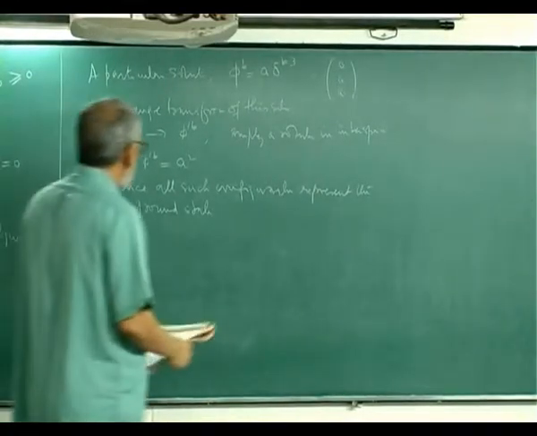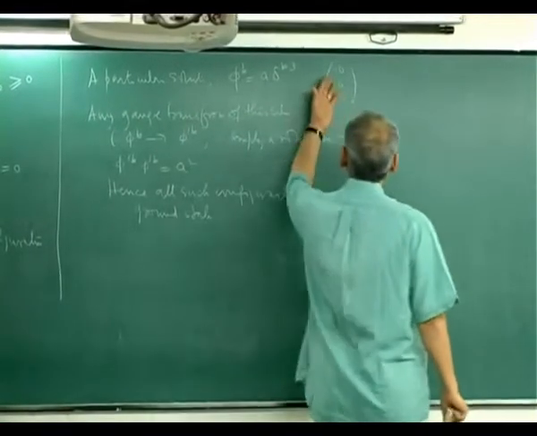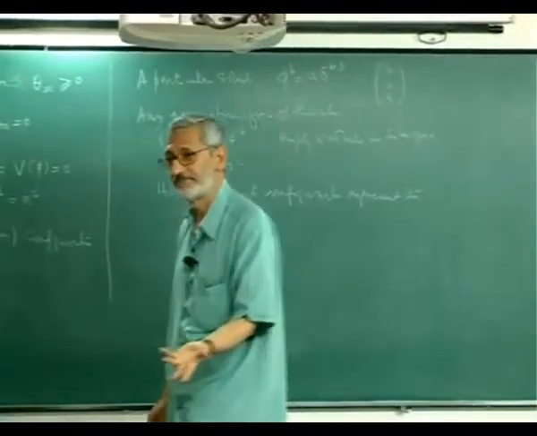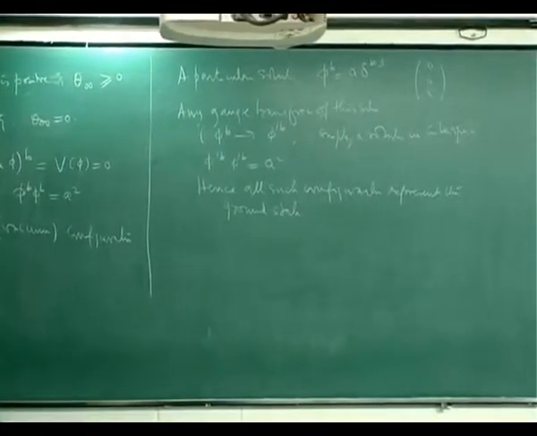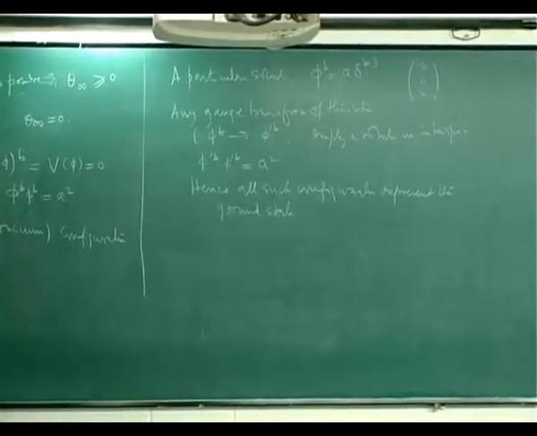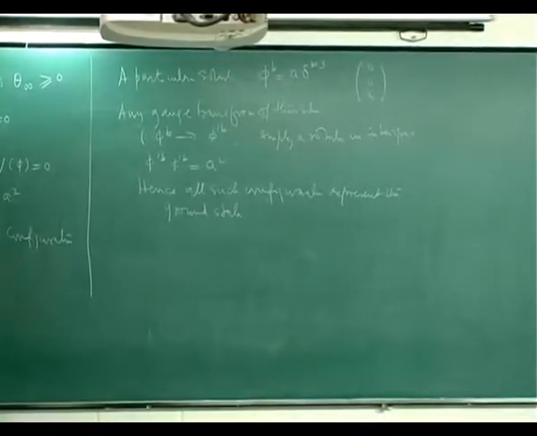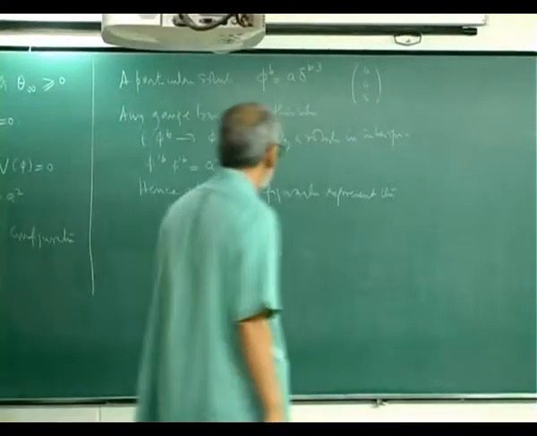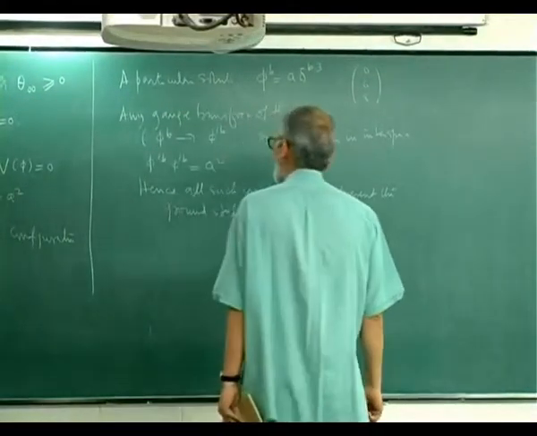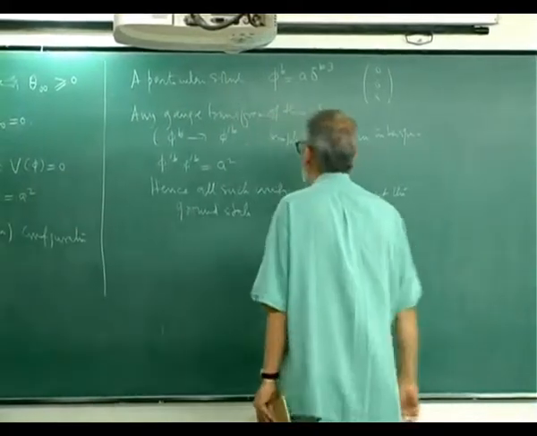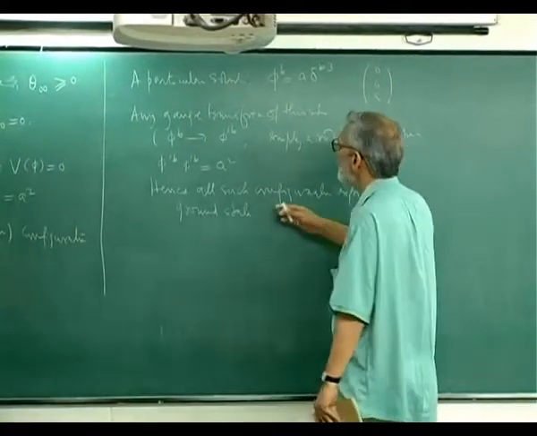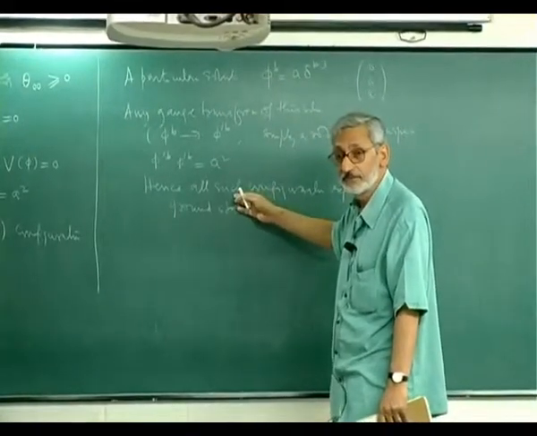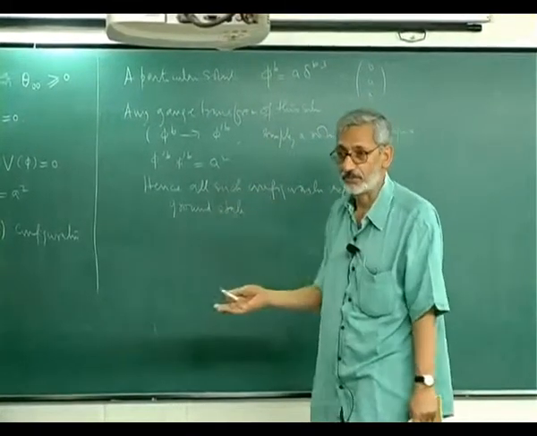So to repeat, the ground state is given by this vector with components 0, 0, 1, or any gauge transform of it, any arbitrary gauge transform of it. But we may decide to work with one of such configurations as the ground state.